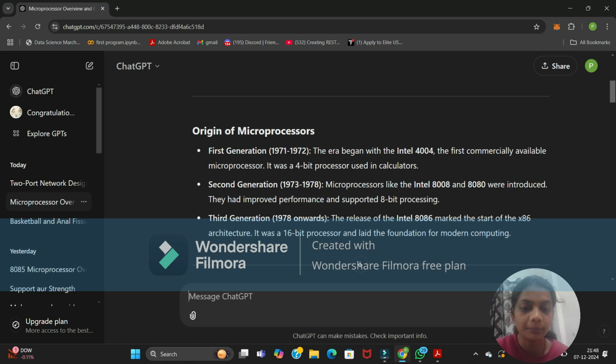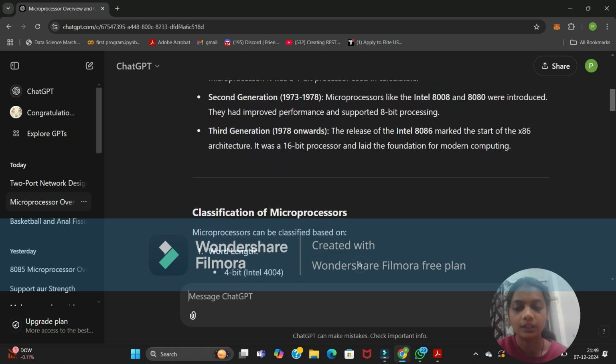It was 16-bit and laid the foundation of modern computing. Got it? So first generation was just 4-bit microprocessor used in calculators. Second generation, 8-bit processing support. And in third generation, 16-bit processors were introduced.